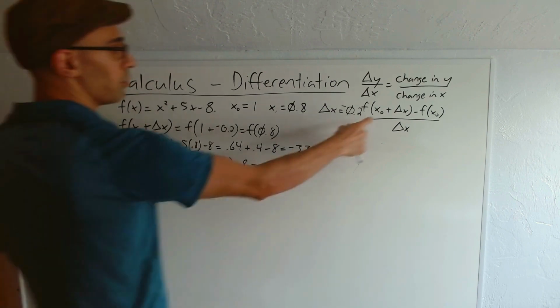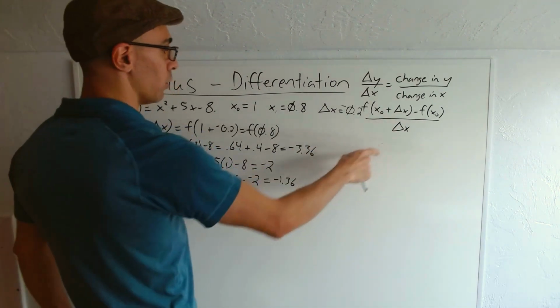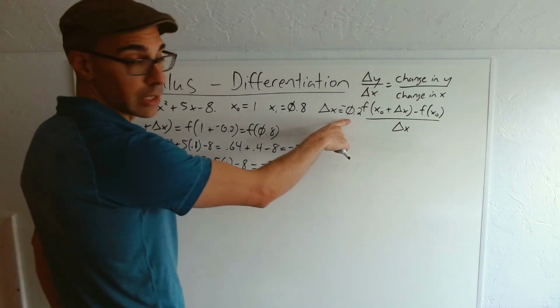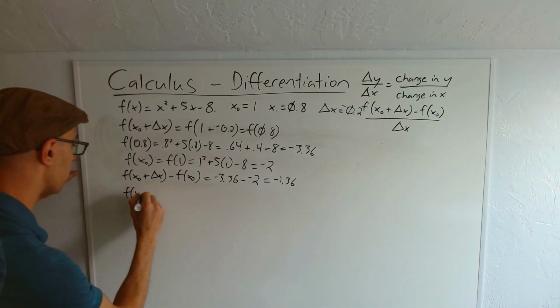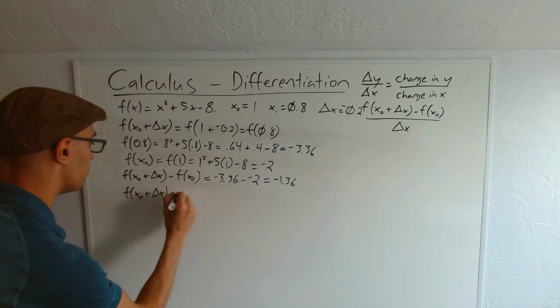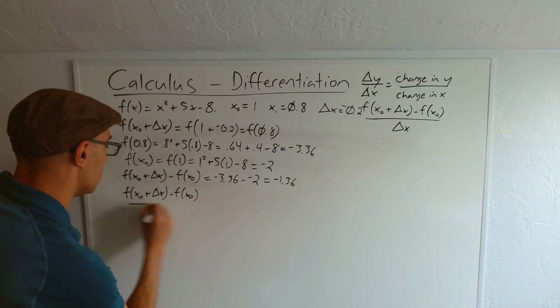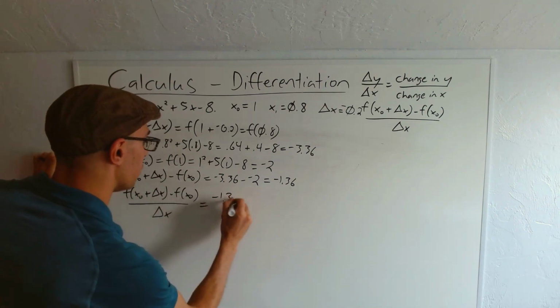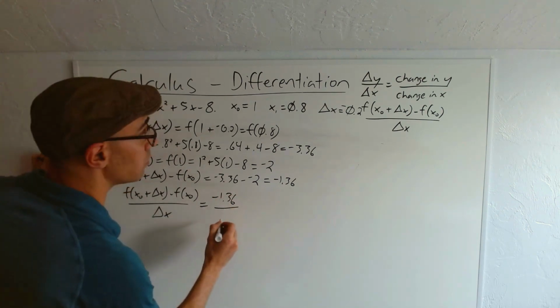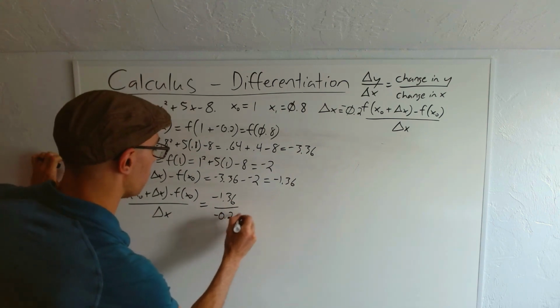Okay, we have the top part of our formula. Now what's delta x? We already said it's negative 0.2. So the whole thing, f of x naught plus delta x minus f of x naught divided by delta x, is negative 1.36 divided by negative 0.2.